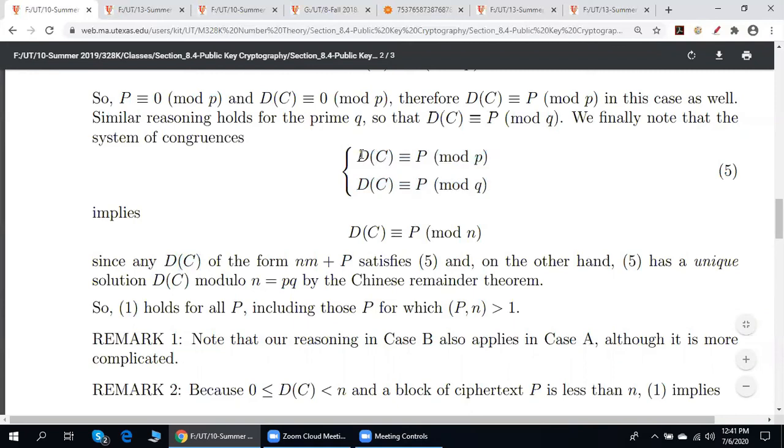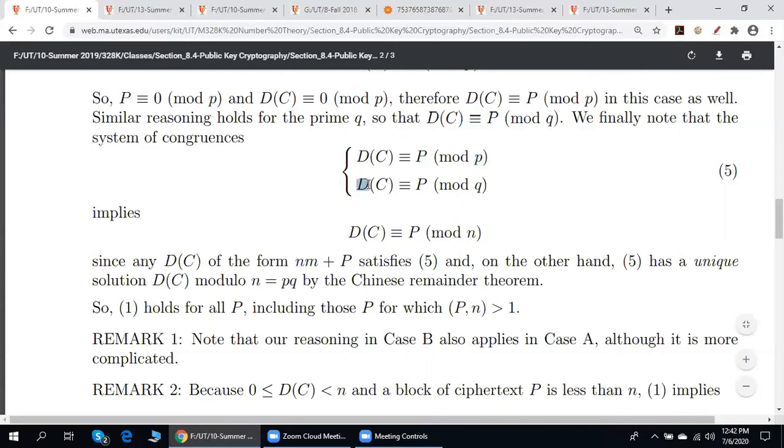Indeed, if you replace this by nm plus p, we'll get the following. Nm plus p is congruent to p modulo p, which is indeed true because this minus this is nm, which is indeed divisible by p.